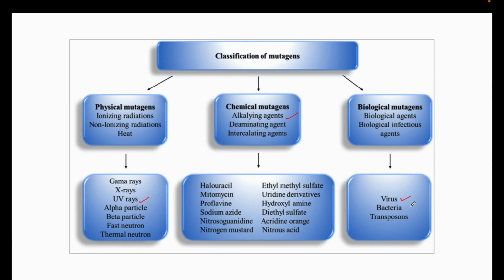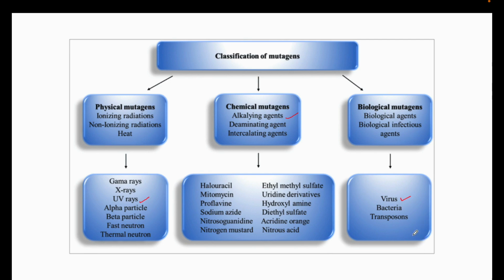Bacteria have various plasmids, and these plasmids are also able to integrate into the genomic DNA to cause mutations. And then we have transposons. Transposons are nothing but jumping genes. These sets of genes are inserted into the human genome.